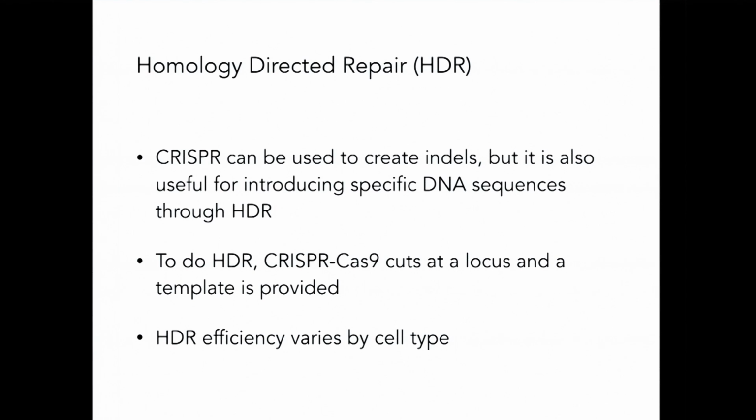But as David was saying, the main way that many cells repair broken DNA is through non-homologous end joining. HR is another form. And so HDR is not nearly as efficient as producing an indel. There are a few tricks that you can use to make this more efficient, but overall it just takes a little more time and more screening.